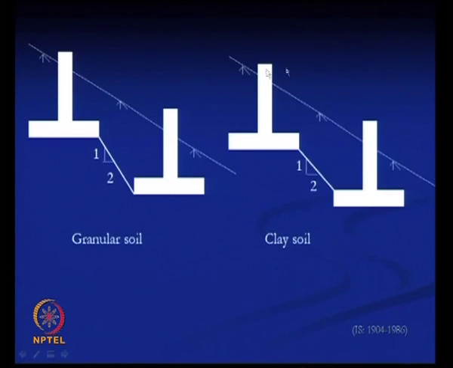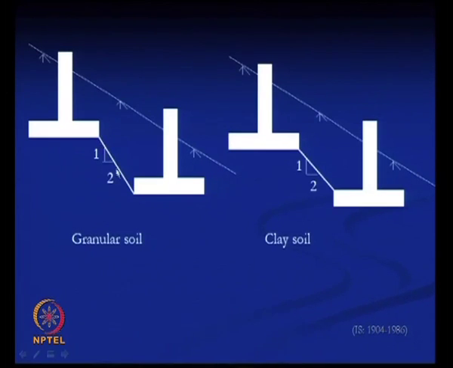Now, the next one is that if this is sloping ground and the foundation is at different levels. So, there are two types of soil and two types of recommendation. This is the upper foundation and this is the lower foundation, and for granular soil, if we join a line connecting the lower edge of the upper foundation to the lower edge of the lower foundation, this line should not be steeper than 1:2.